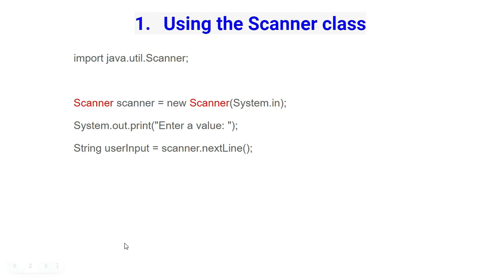Basically you have to import java.util.Scanner because the Scanner class is not available in our file. It's available in our JDK, so we need to import this class into our class, then only can we create an object of the Scanner and do the operations with it.